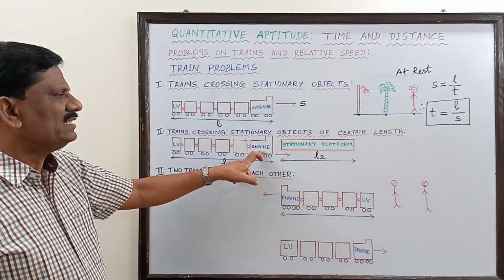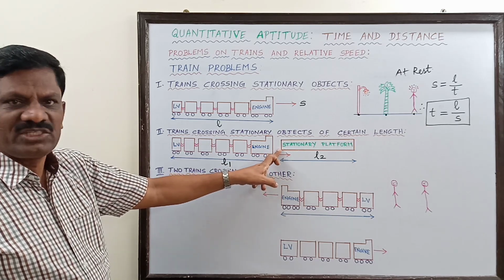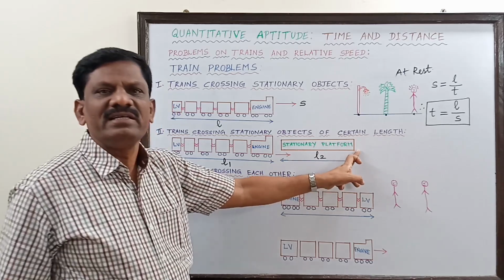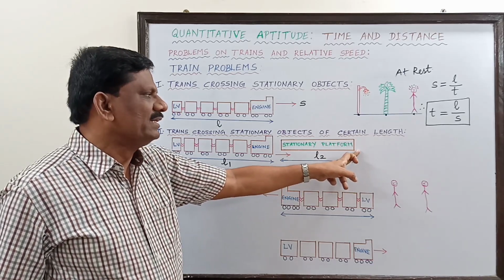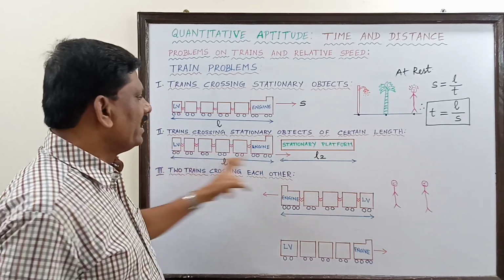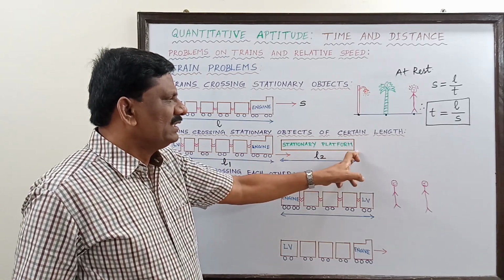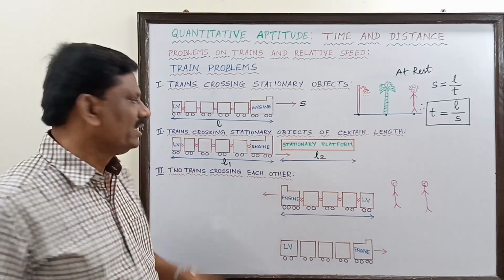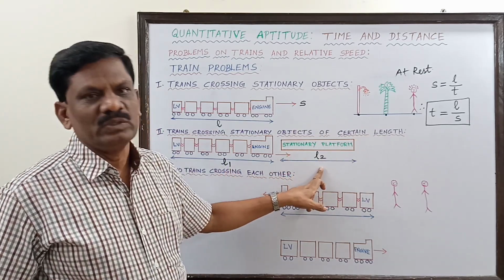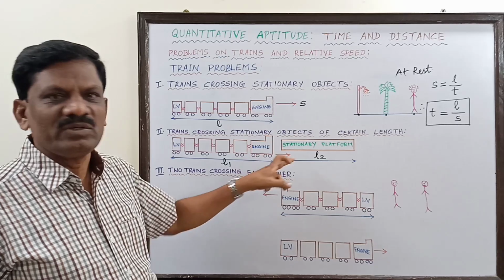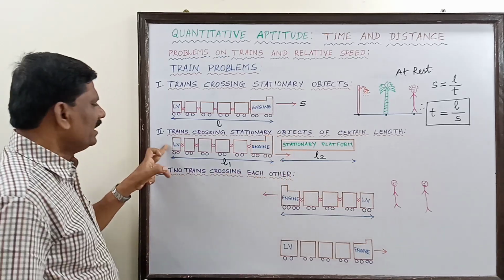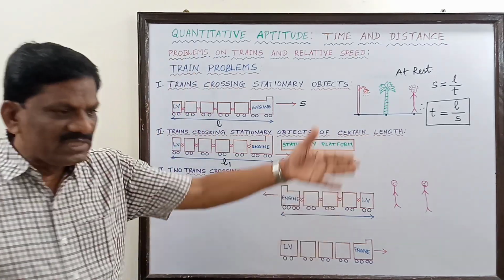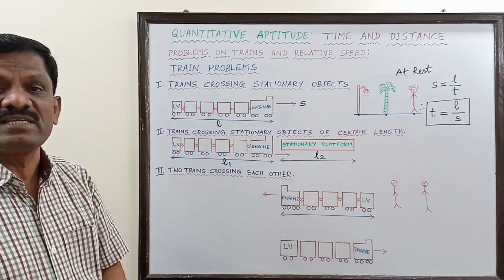Now, when the engine crosses the left end of the stationary platform, after that the engine has to cross the right end of the platform, and till the last vehicle approaches the end of the platform, the total distance crossed is equal to L1 plus L2. Understand? L1 plus L2 is the total distance between the end of the train and the right end of the platform. So this much total distance L1 plus L2 has to be crossed.